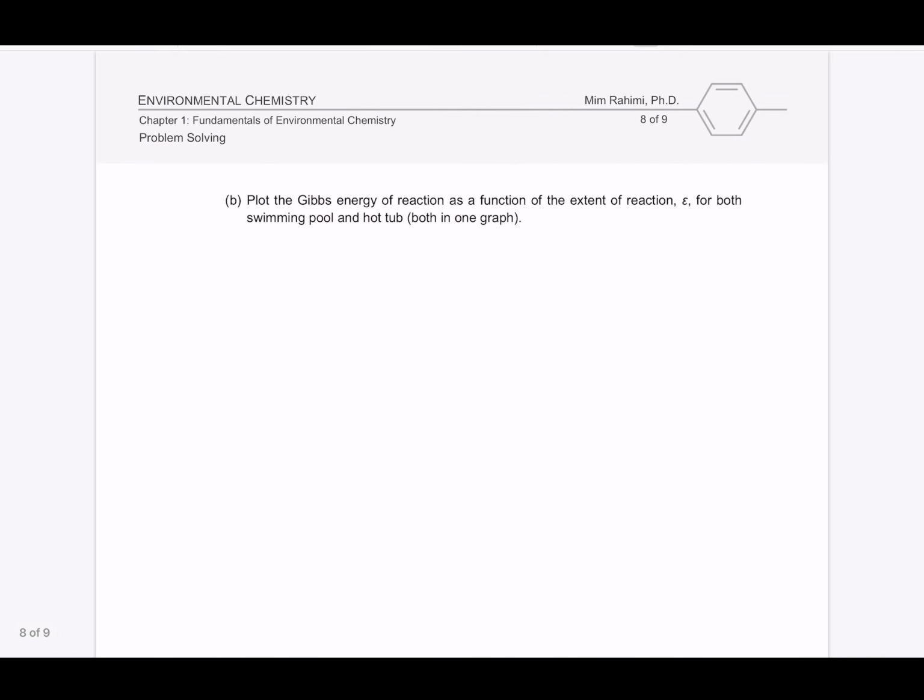So the second part is talking about a concept we introduced in the previous lecture, which is the extent of reaction. To overview that quickly, if this is the reaction, the extent of 0 is when we have only A. None of A is converted, no B is produced.